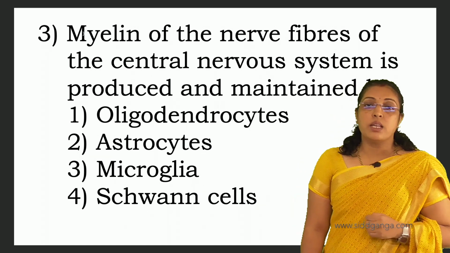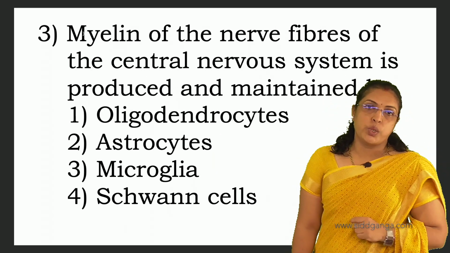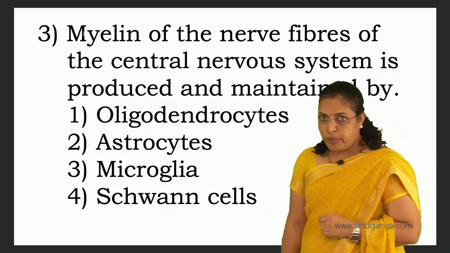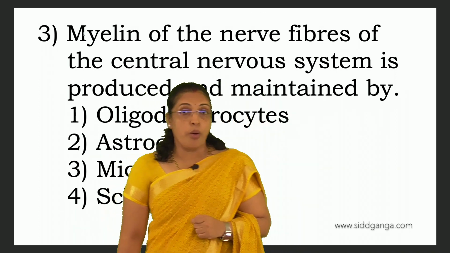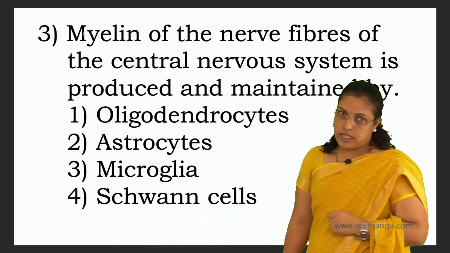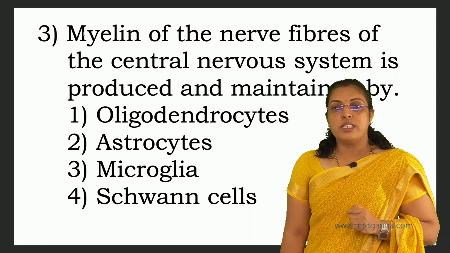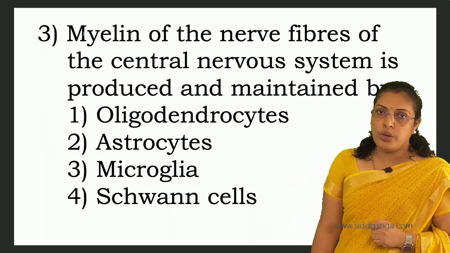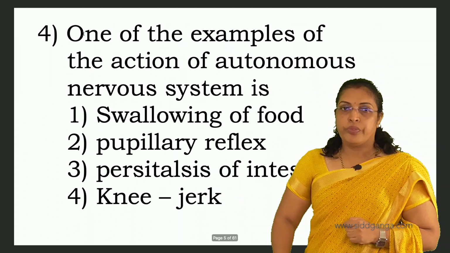If they ask about myelin of the nerve fibers of the peripheral nervous system, you should go with squamous cells, since the myelin sheath in the peripheral nervous system is formed by those cells. For this question, the answer is oligodendrocytes. For the third question, first is the option.